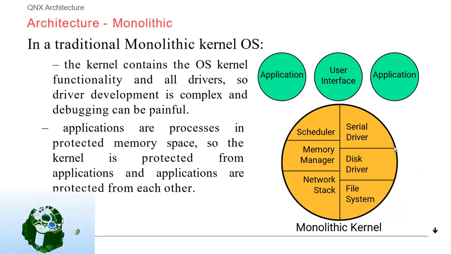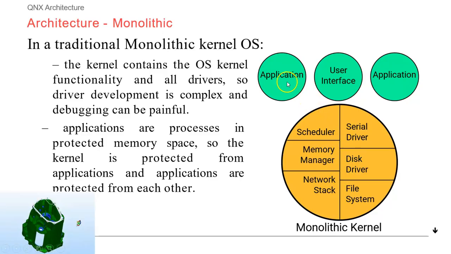So we are going to discuss the monolithic kernel OS. In a monolithic kernel OS, all core OS services like drivers, memory manager, file system and network stack are built into the kernel itself. So this means the kernel becomes very large.